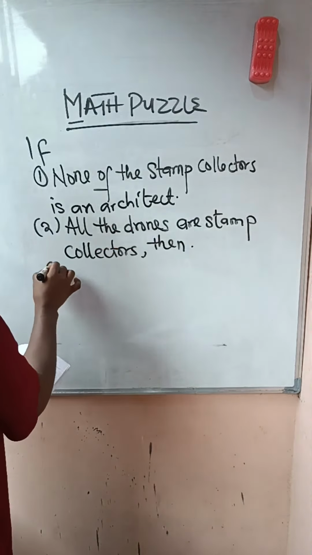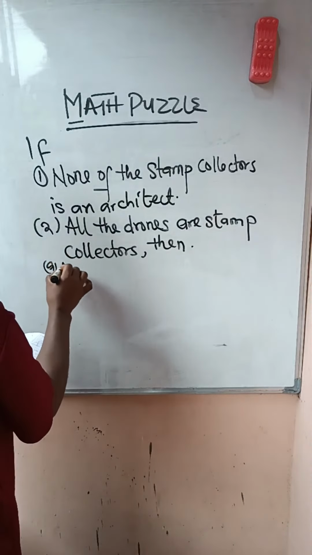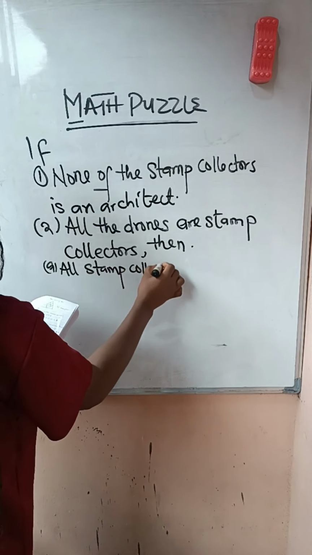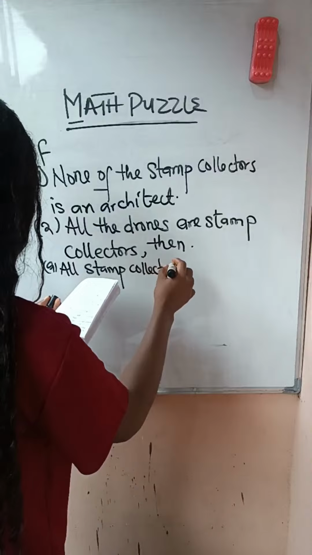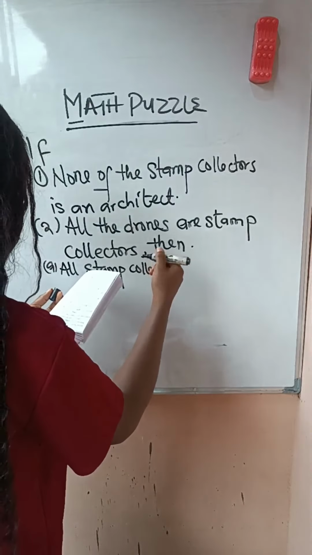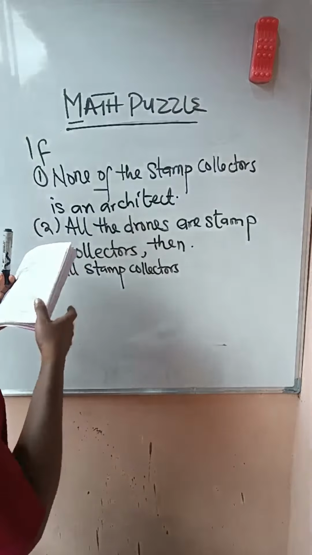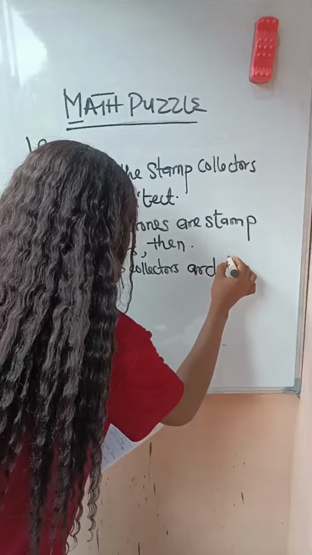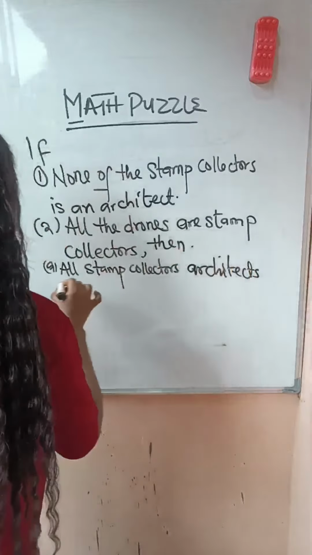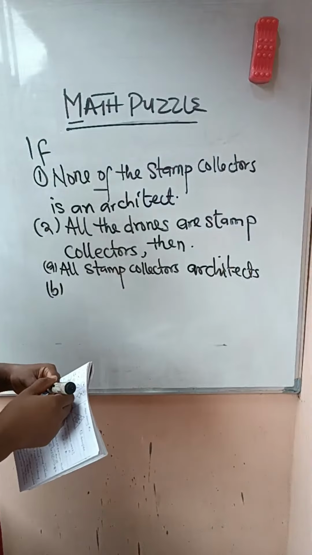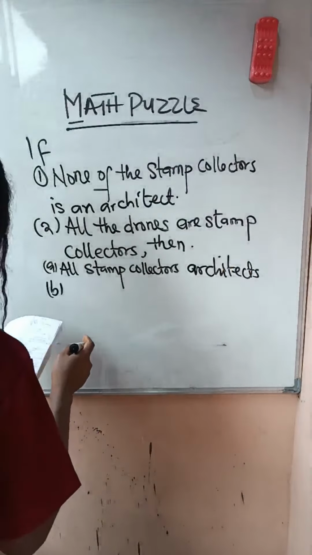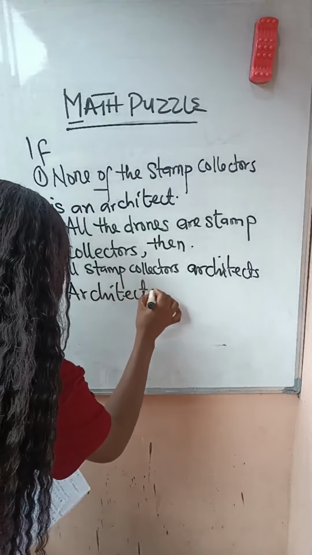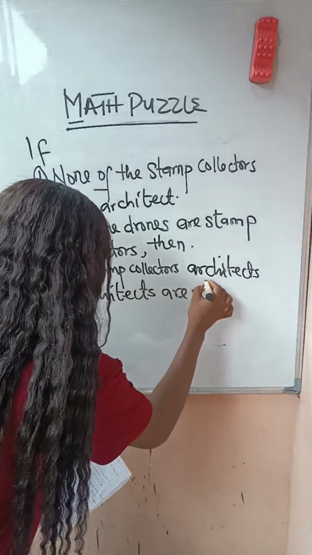Then these are the options. Option A says all stamp collectors are architects. Then B says architects are not drones.